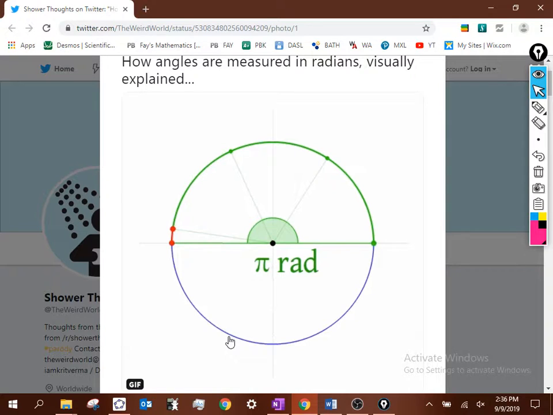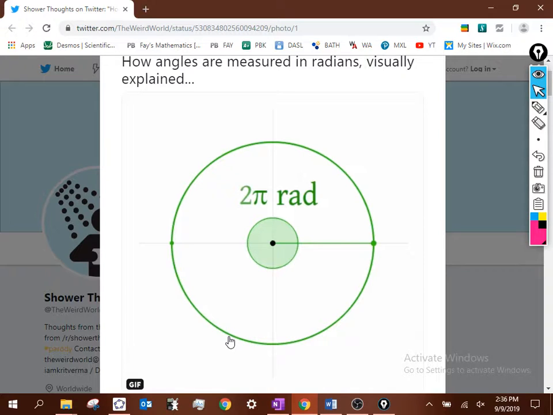So if I go all the way around, we get 2 pi radians. So 1 complete revolution around the circle is 2 pi radians. Well, what do I get when I take 2 pi times my radius? What's 2 pi r the same as?